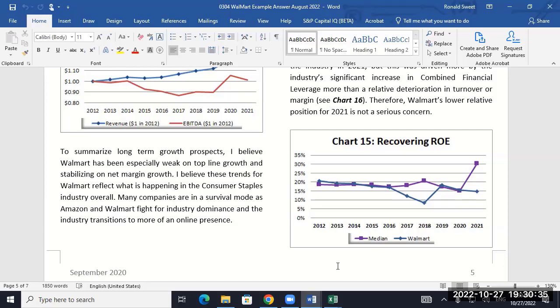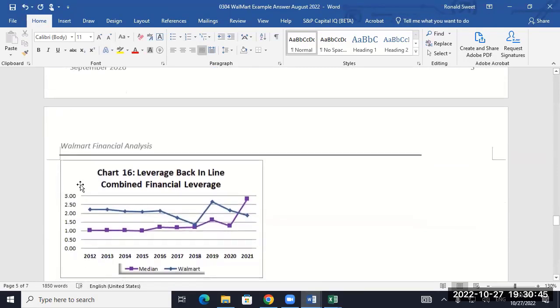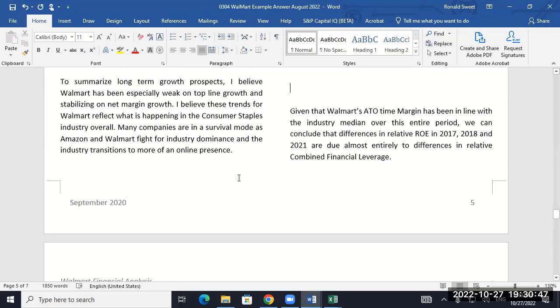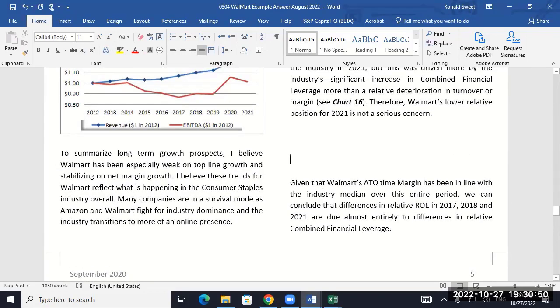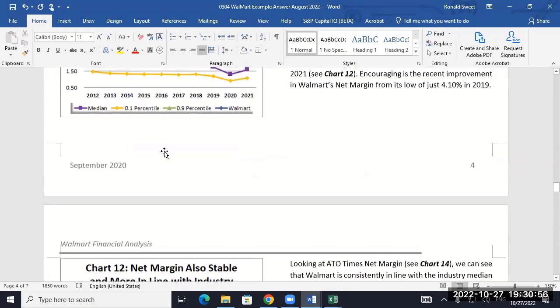So to Ashley's point, and I don't know who the other person is. Ashley, I thought about rigging the numbers, but here's what I would do if I were you. Get rid of that chart 15. Get rid of 16. On 16, what you'll do is just talk to the fact that their net worth went negative, so you can't talk about that. You might reference back to their debt to EBITDA chart.